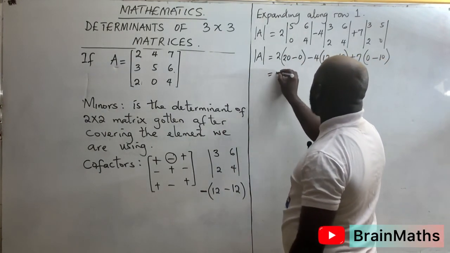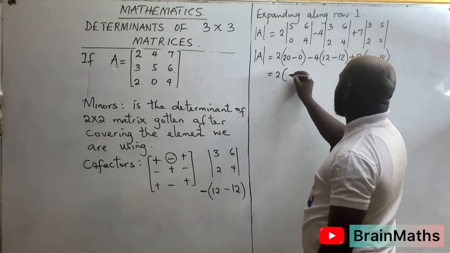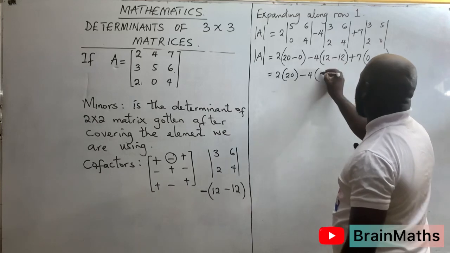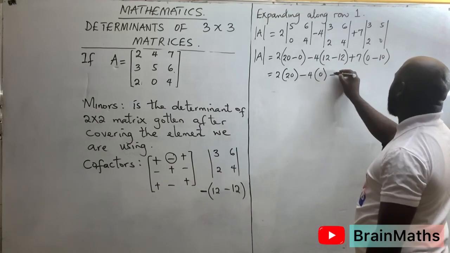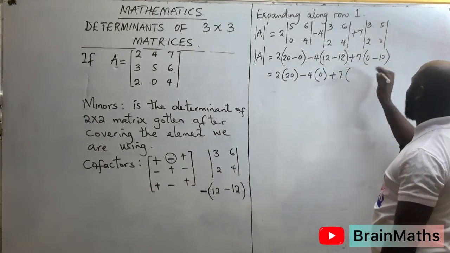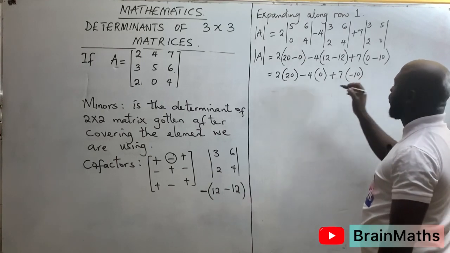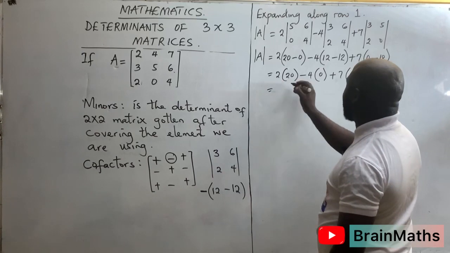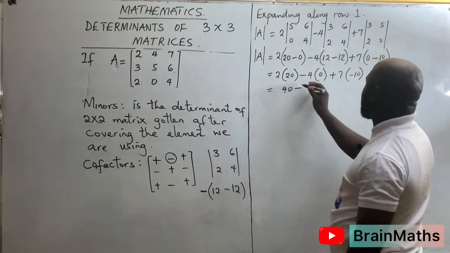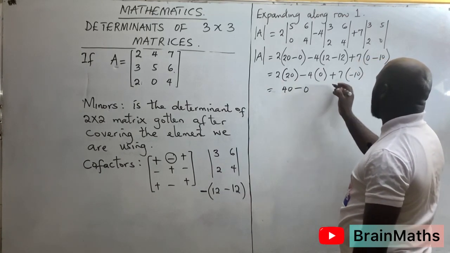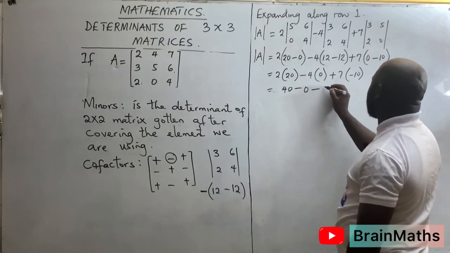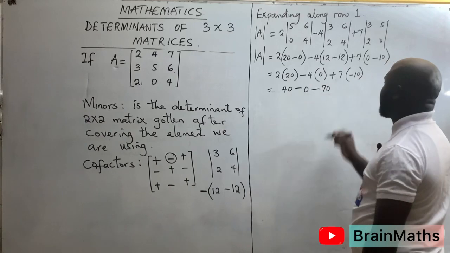So we have 2 into 20 minus 0, 20. Minus 4 into 12 minus that, 0. Plus 7 into 0 minus 10, minus 10. So when you open that bracket, you have 2 times 20, 40, minus 4 times 0, 0, plus times minus, minus this 7 times 10, that is 70.